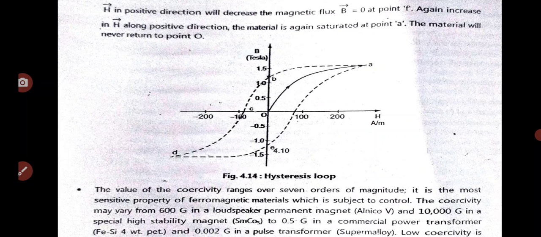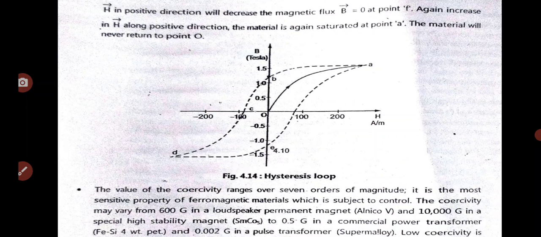Point A is shown in the positive direction, and point D in the negative direction, but the material gains its magnetic property again, becoming magnetically saturated in the opposite direction.